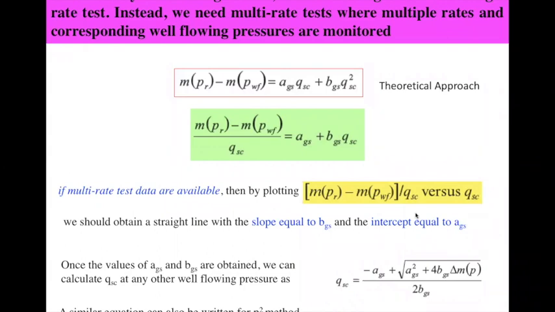This straight line has a slope, which gives you the value of BQS, and the intercept, which is nothing but AQS. Once AQS and BQS are obtained, we can calculate QSC at any other well flowing pressure using the equation in the right hand side. So this is for the MP approach.